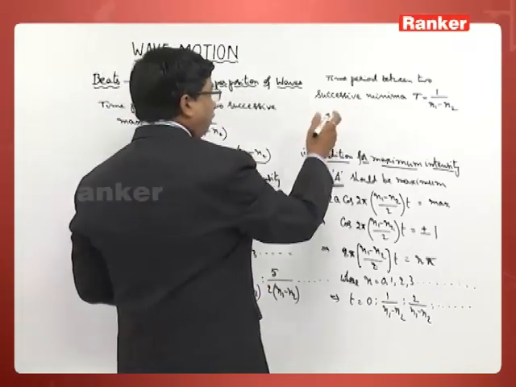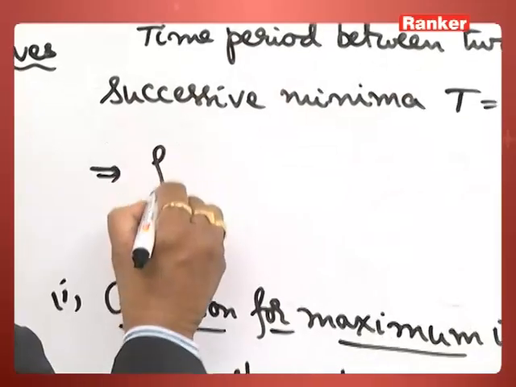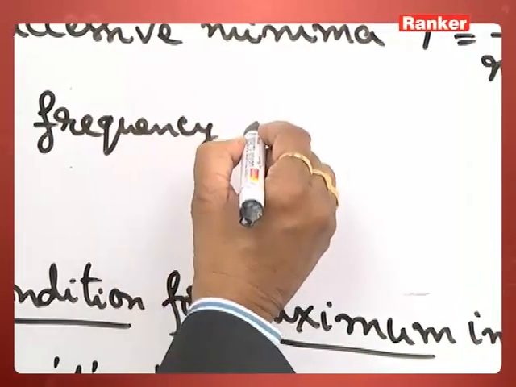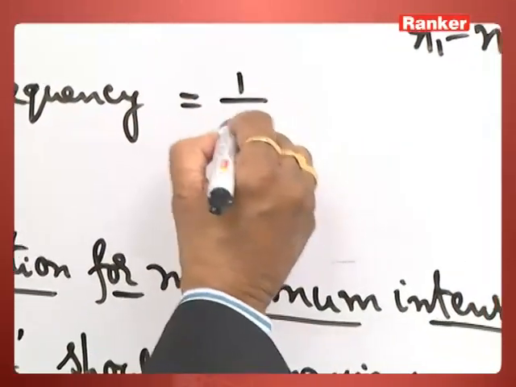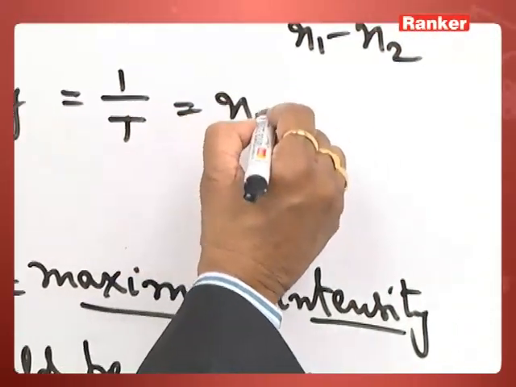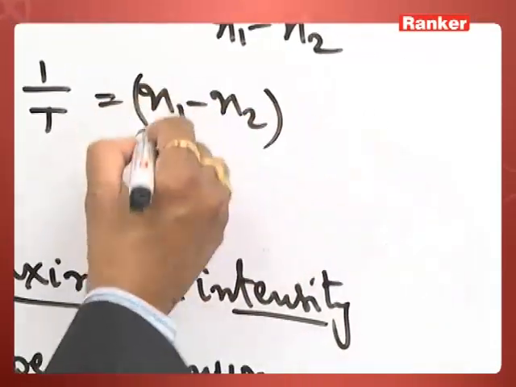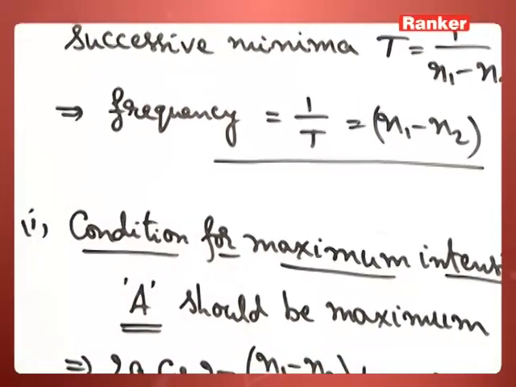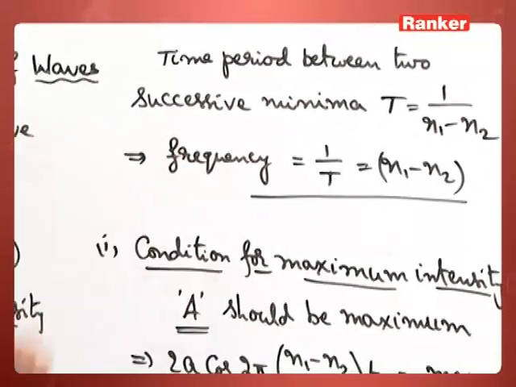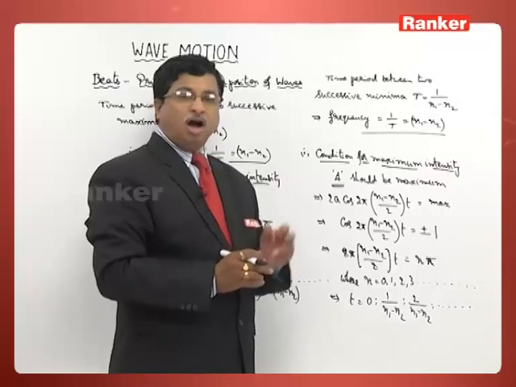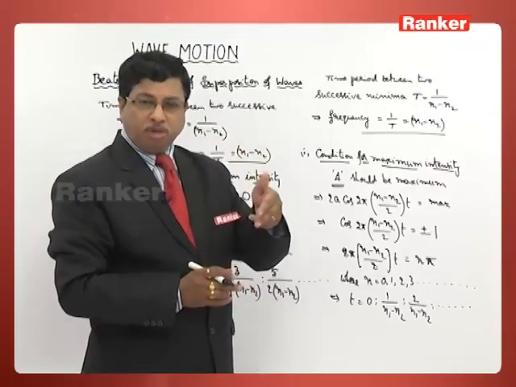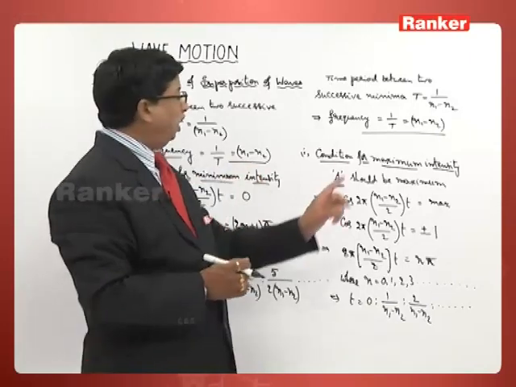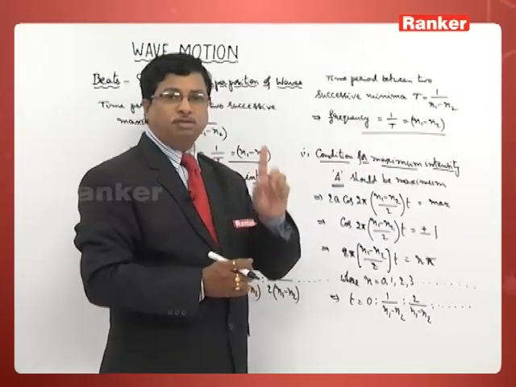So what should we understand from this? This implies that the beat frequency, which is equivalent to the reciprocal of the time period, can be taken as n1 minus n2. So whether you consider two successive maxima and calculate beat frequency, or two successive minima and calculate beat frequency, in both cases the result is the same.